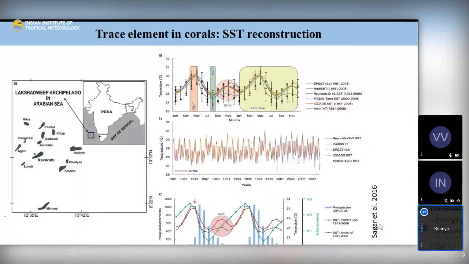So here I would like to show one example. This is reported by Sagar et al., who have collected coral samples from Lakshadweep in the Arabian Sea, and they have analyzed the strontium calcium ratio in this coral.